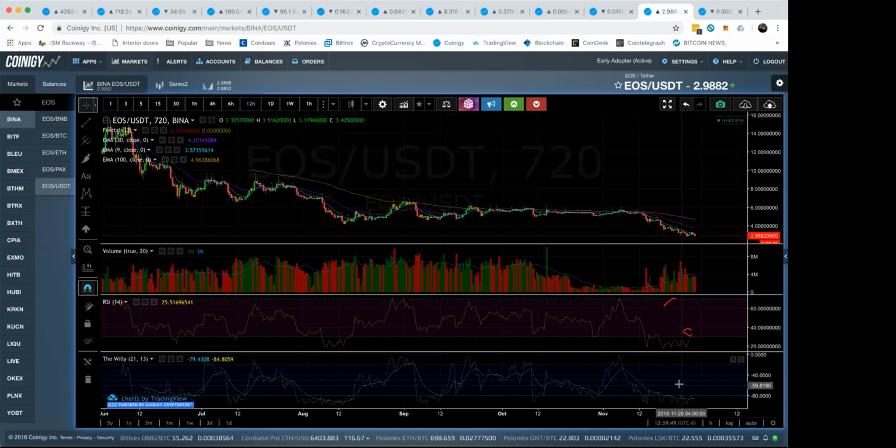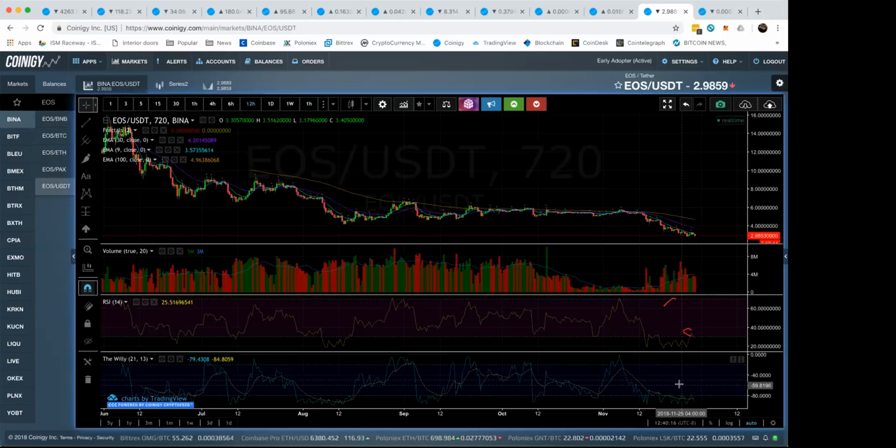So that's why I continue to use Coinigy. I find that for new people, it's much easier to read Coinigy than TradingView. But TradingView has a lot of good indicators that Coinigy does not have, and two in particular are the TD count and the volume profile. I like to use those indicators that are not found on Coinigy.